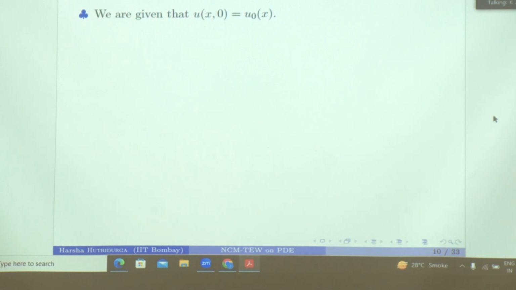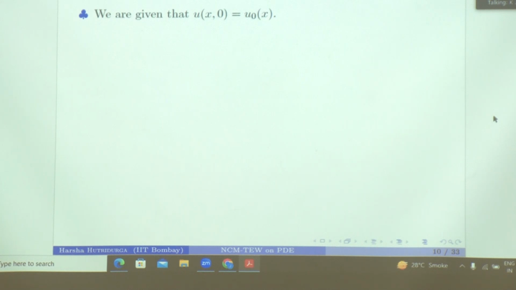So you got u of x comma t is some p of x minus ct plus q of x plus ct. This is the most general solution that we have for the solution to the wave equation.